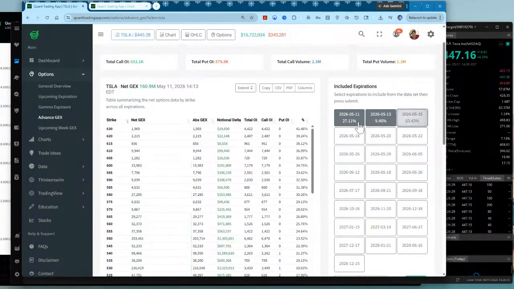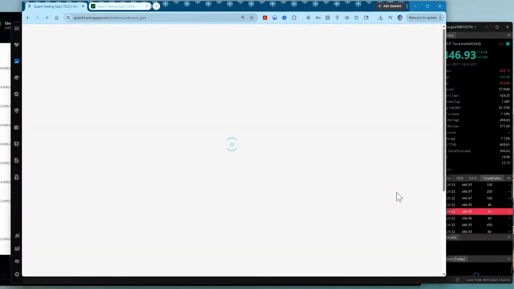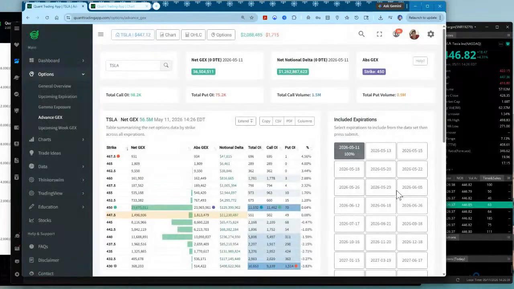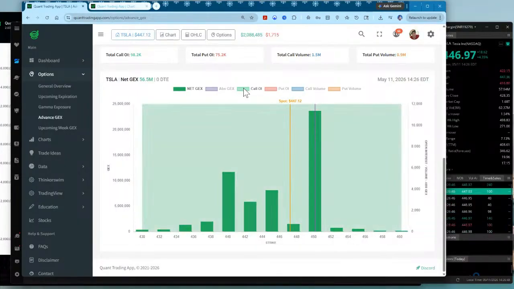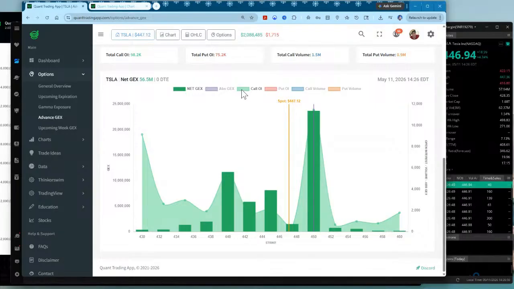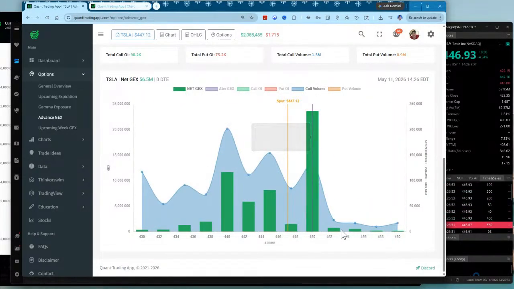Let's drop down and we'll just do today's expiration, because as this moves, so will interest. No more interest above 450. People are saying, that's all right, I don't need more than 450. But let's remember this. As we get closer to 450, we should see this.